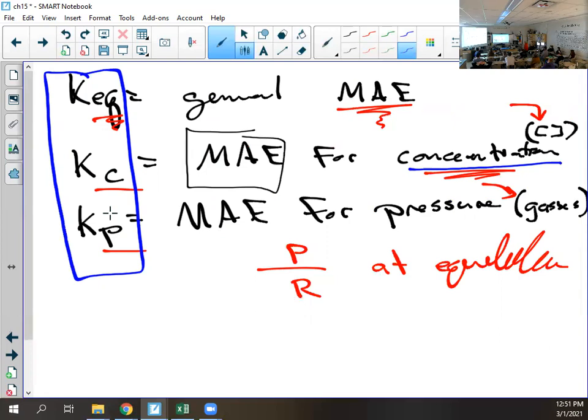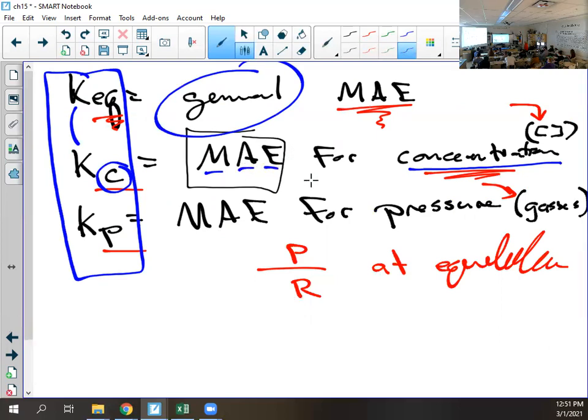This chapter, chapter 15, we deal with these three things. KEQ just means in general any relationship of product over reactants, and it's called the mass action expression. KC is specifically K just for concentration. It's also known as the mass action expression.